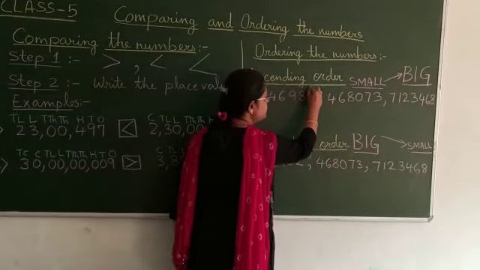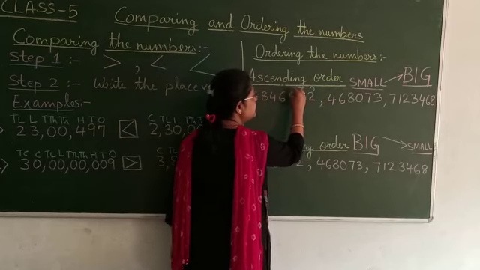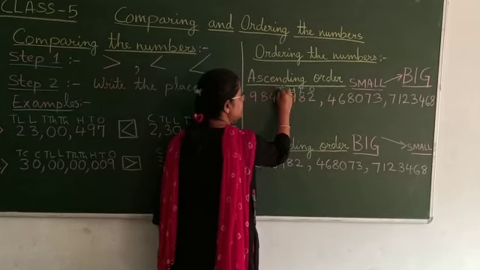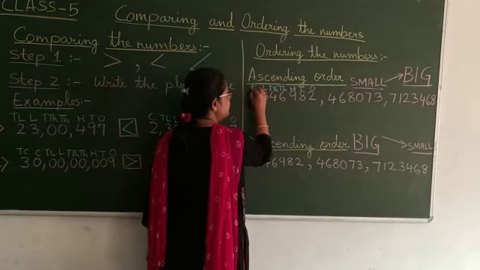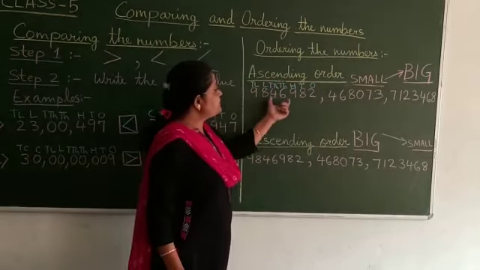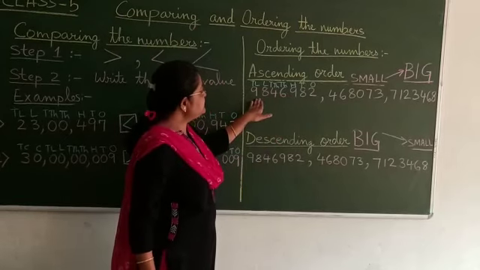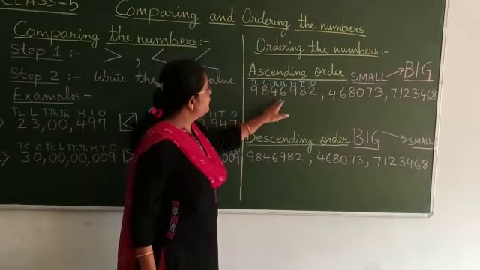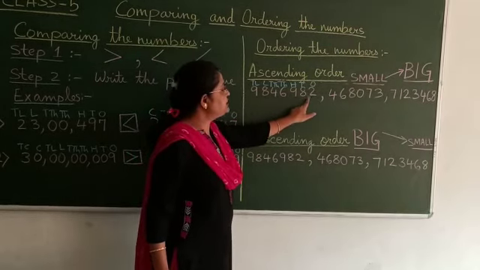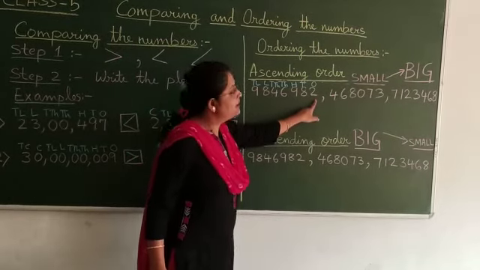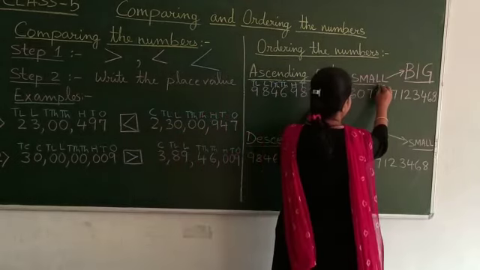We'll write the place values: ones, tens, hundred, thousand, 10,000, lakh, 10 lakh. So as per the place value, you have 98 lakh 46,982. Alright, let's check the next one now.